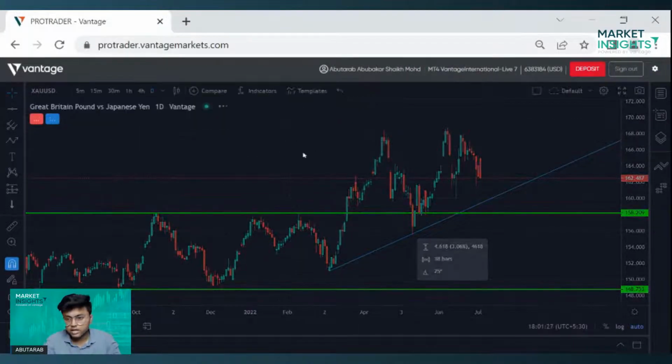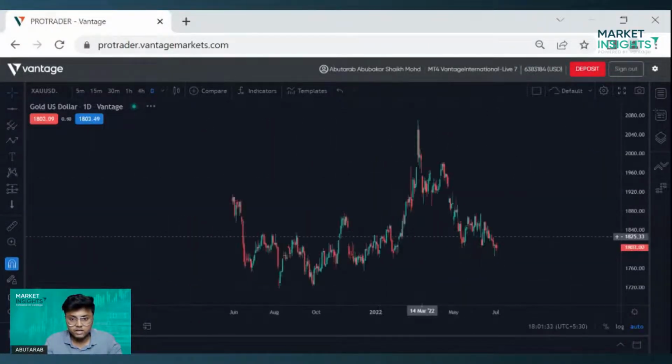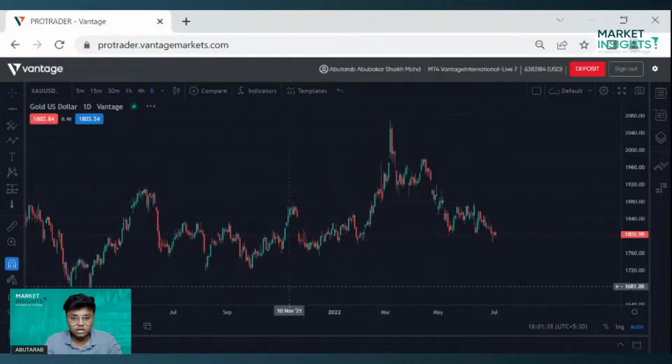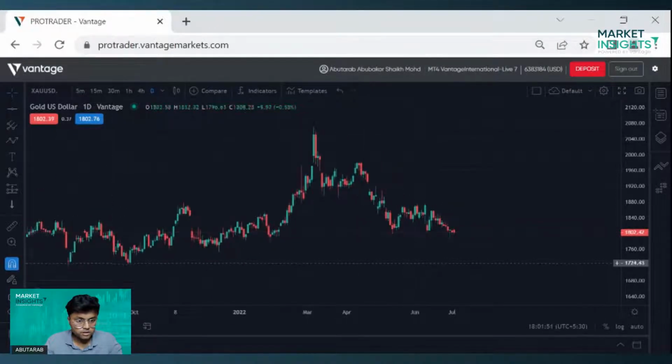We'll take gold, evergreen gold, and try to see what kind of trend gold is in currently. Let's have 1 year of data in front of us. This might look a bit uncomfortable, but I will zoom in later on. What I have taught you, the first thing you have to do is make a horizontal line from April to July. We have 1 year here.